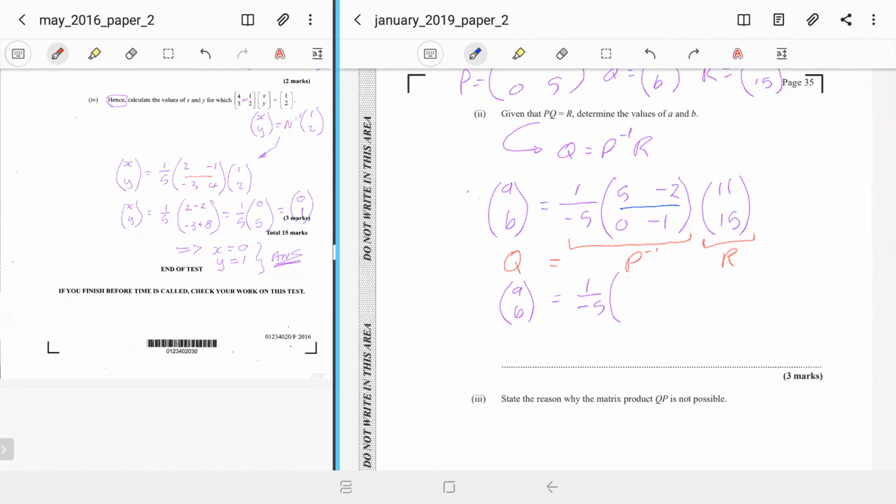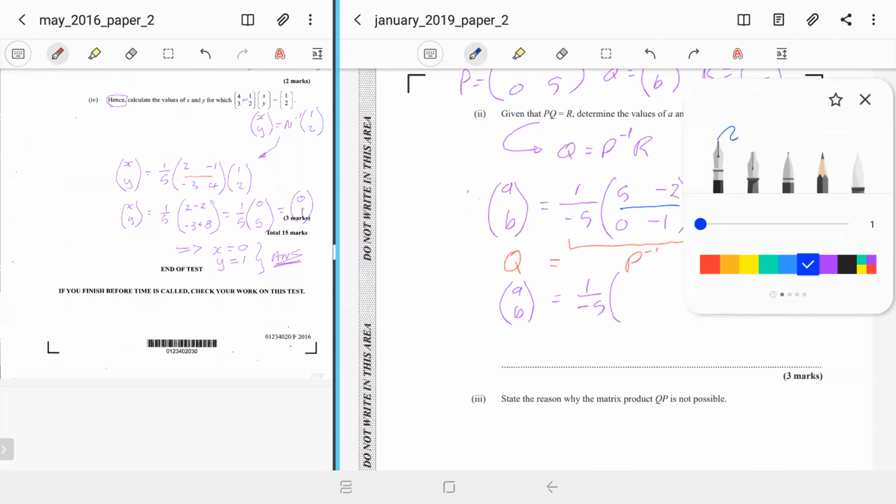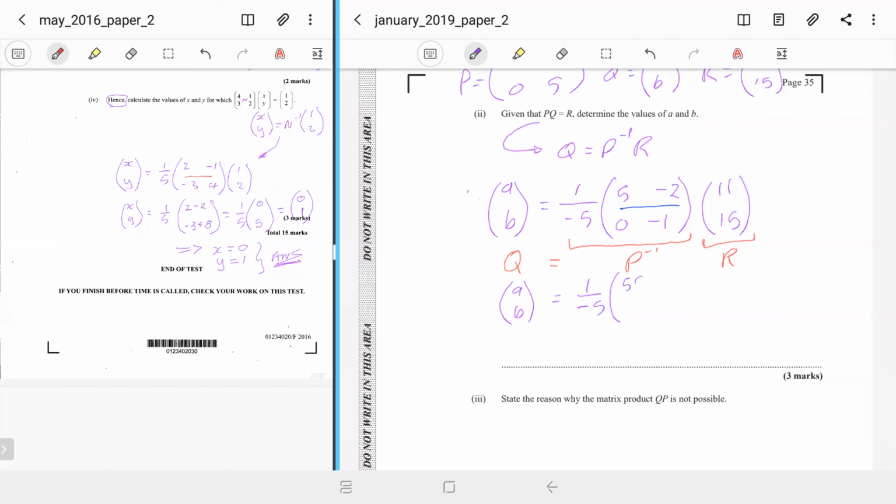So it's 5 times 11 and minus 2 times 15. First element by first element, second element by second element. 5 times 11 is 55. Minus 2 times 15 is -30.